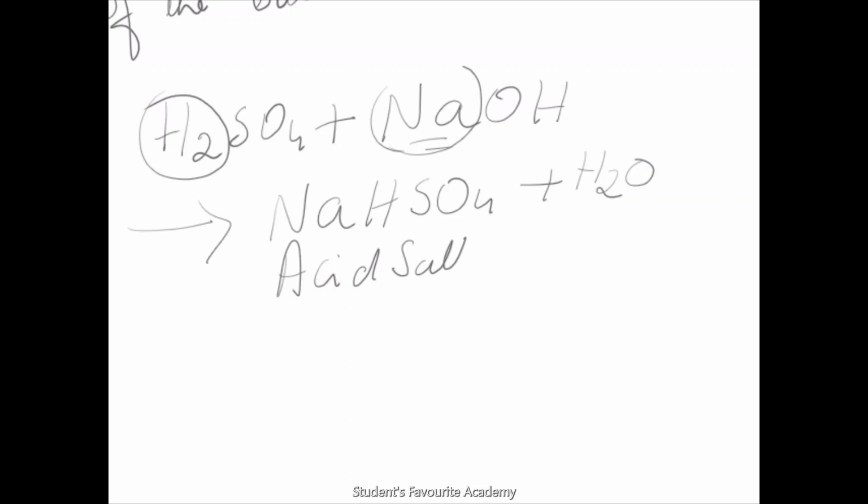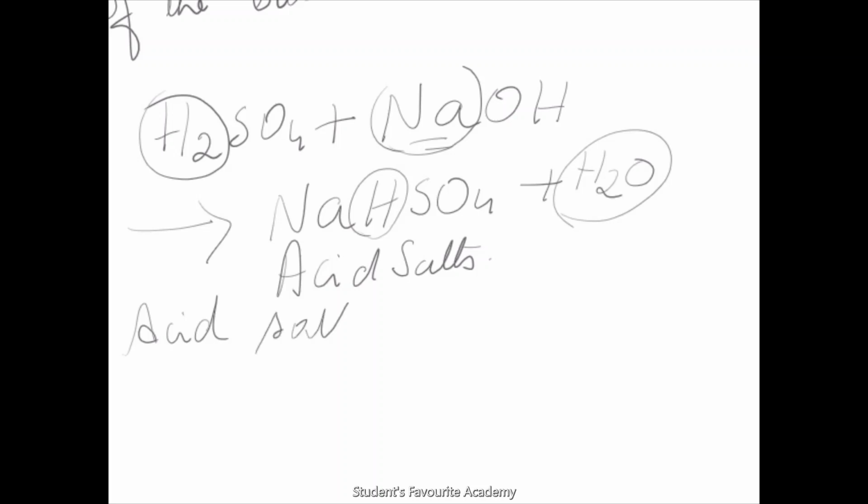Why? Because these acid salts, when they are dissolved in water, produce H plus ions, which in turn produce hydronium ion with the water formed. That is why these acid salts exhibit all acidic properties when dissolved in water.